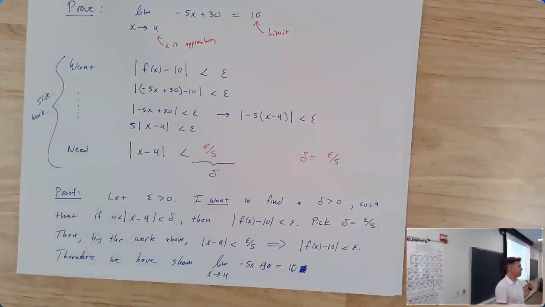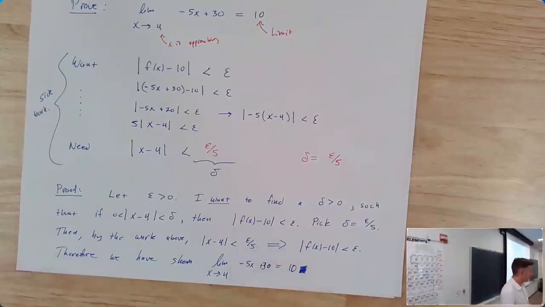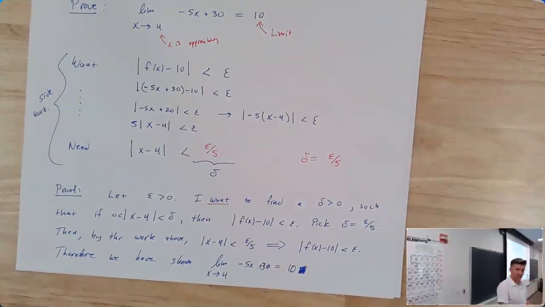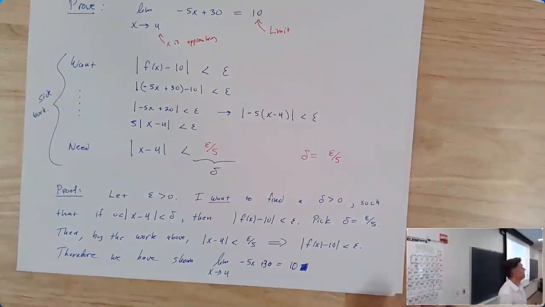How close to 10 do you want to be? 1 trillion. Great. Make epsilon 1 over 5 trillion. And your function will be within 1 trillionth of 10. That's pretty close to 10. But the point is you can get as close as you want to, by making X as close as you need to whatever it's approaching, in this case, 4.